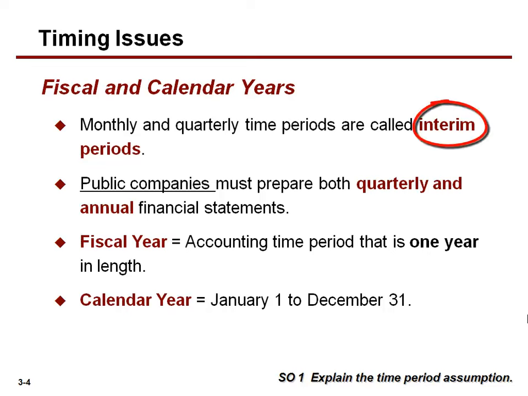Public companies must prepare financial statements on a quarterly basis, not just annual. Fiscal years or any 12-month accounting period need not be a calendar year, but if it is, January 1st to December 31st comprises the company's fiscal year.